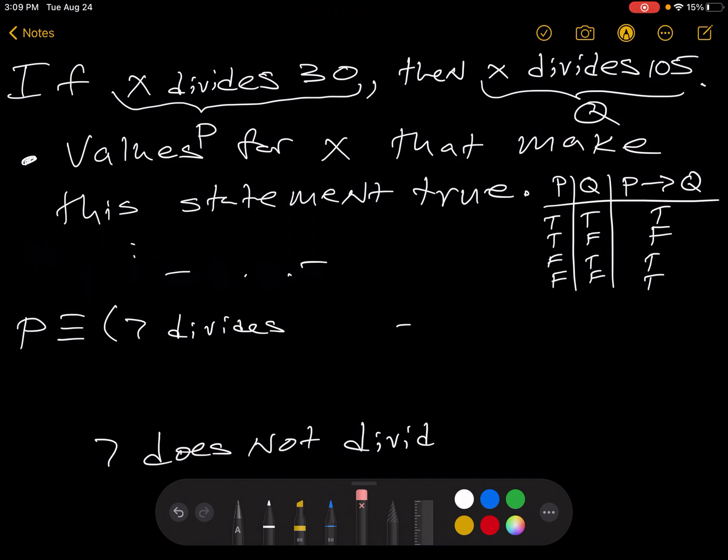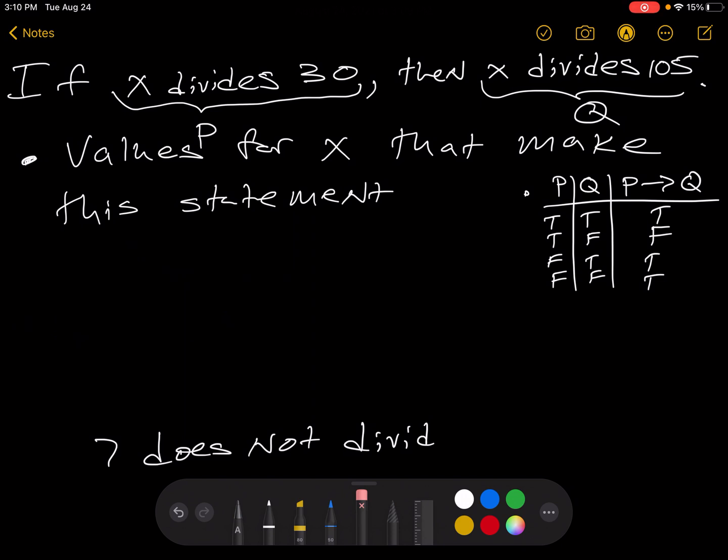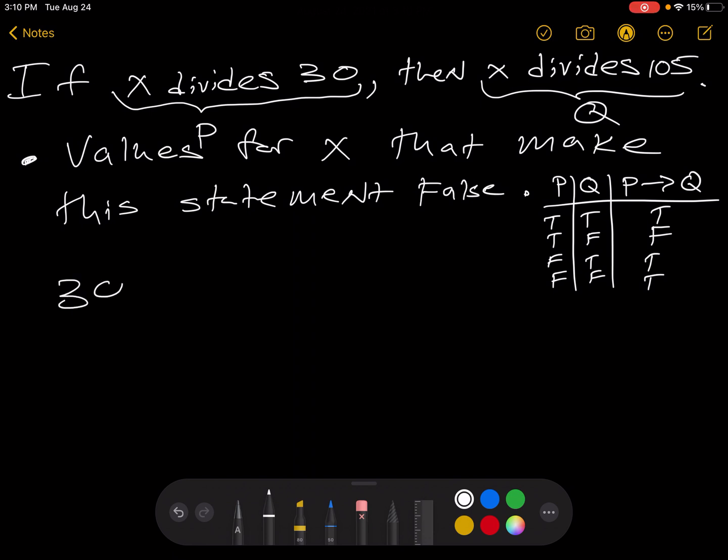All right, so now let's look for values of x that make this statement false. Okay, so now false. All right, so let's see, 30 we found was 2 times 3 times 5, and 105 was 3 times 5 times 7.